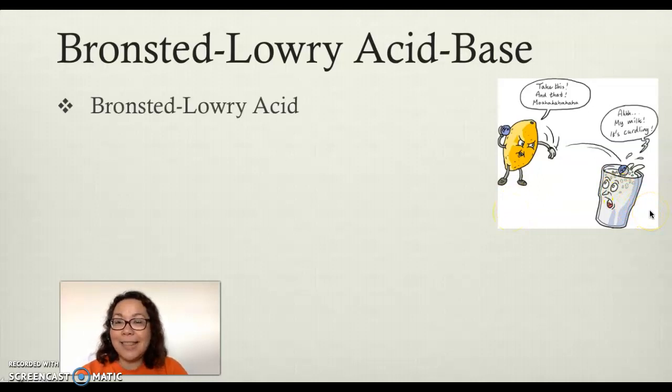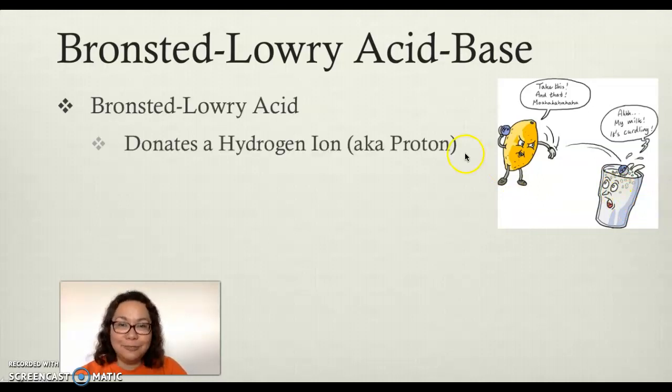A Bronsted-Lowry acid donates a hydrogen ion, and it is also known as a proton, and let me show you why. Okay, it's a proton because we know that a hydrogen has one proton in the nucleus.